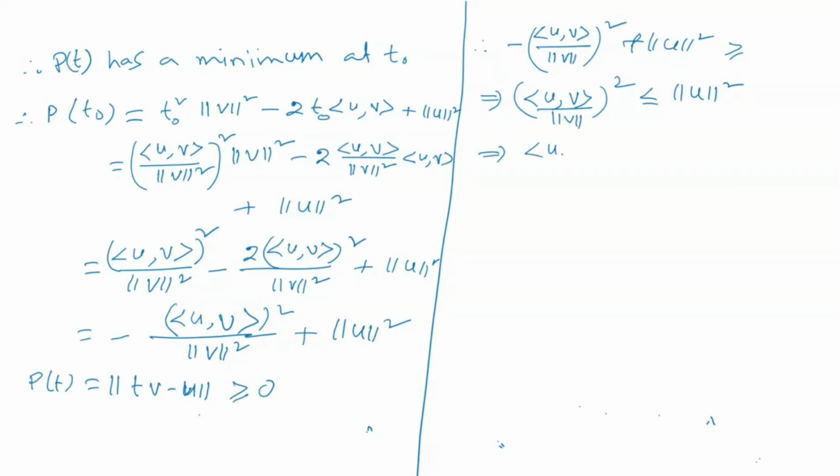So this implies |⟨U, V⟩| is less than or equal to norm of U multiplied by norm of V. So this verifies the Cauchy inequality.